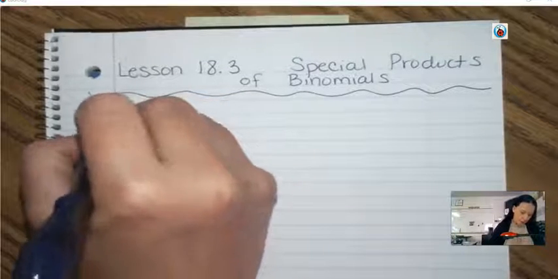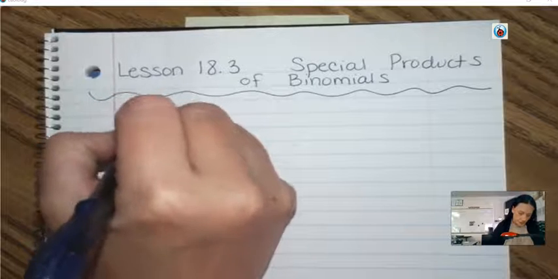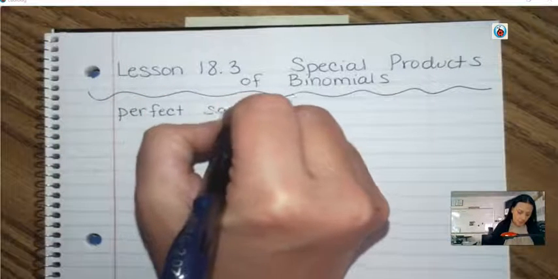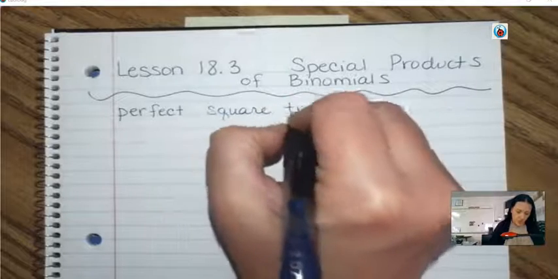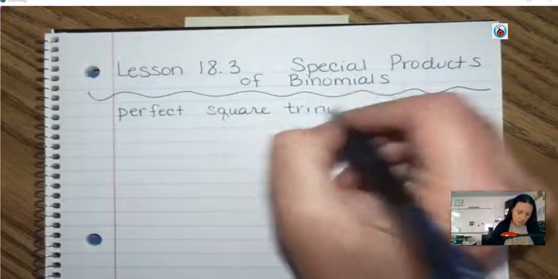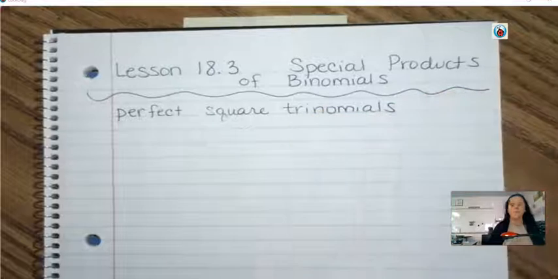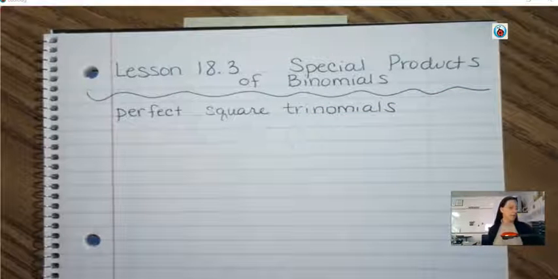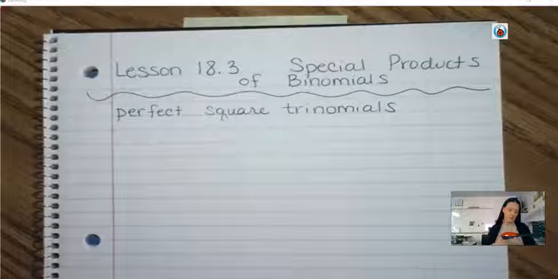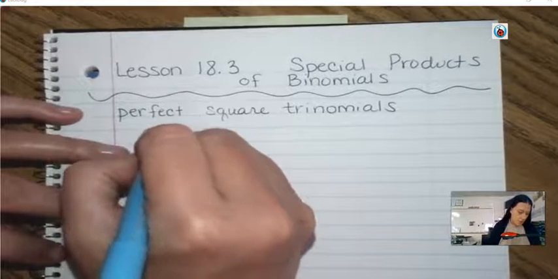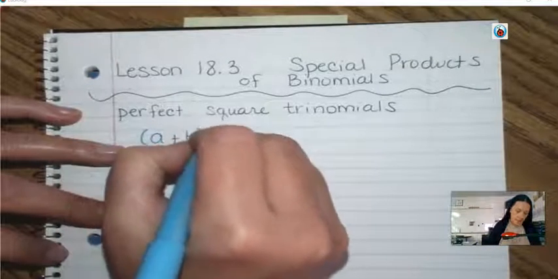Okay, first we have things called perfect square trinomials. And a perfect square trinomial would be a plus b squared.